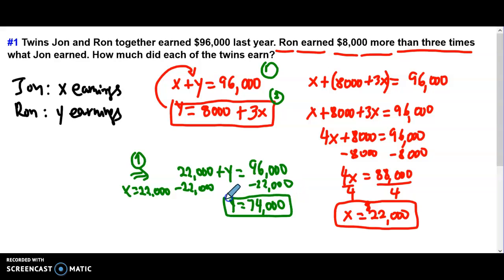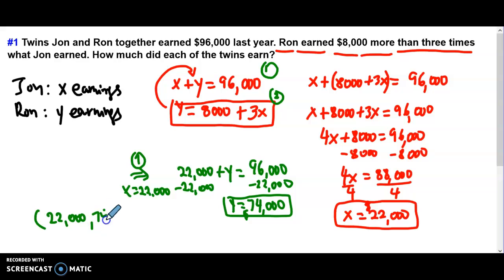Again, sometimes it's easier if you put a sentence there. John earned 22,000 last year, and Ron earned 74,000. Maybe Ron is older. Maybe Ron started before John and stuff like that. It would be nice for you to check both of the solutions to make sure they are making the system correct.